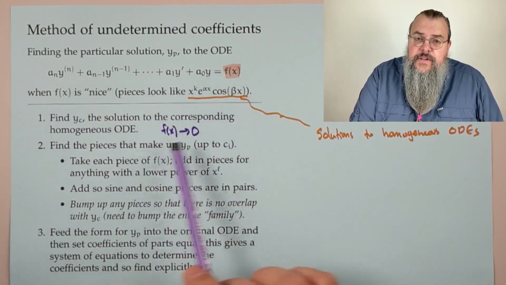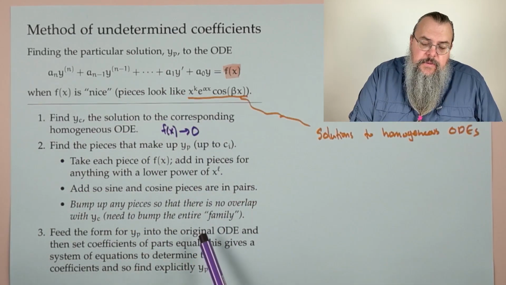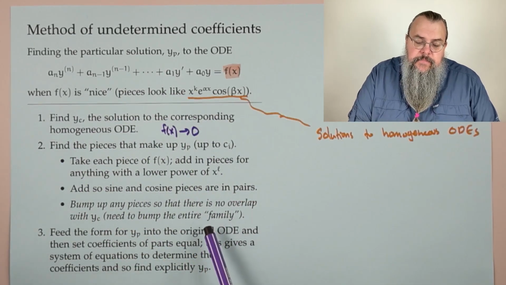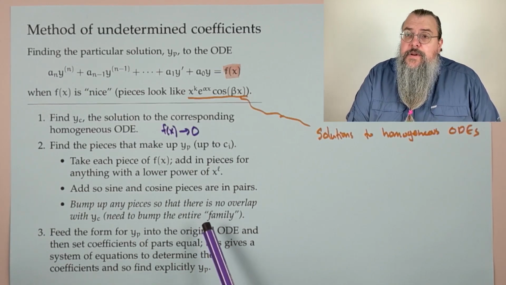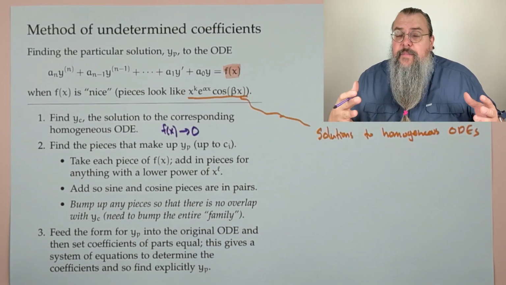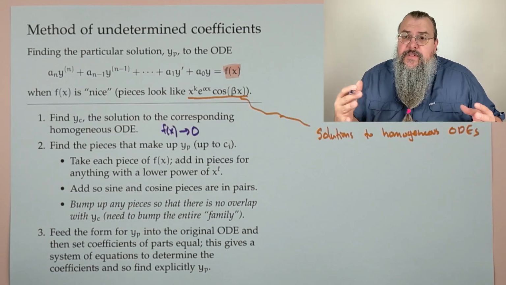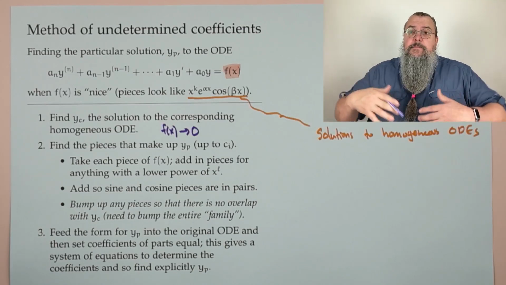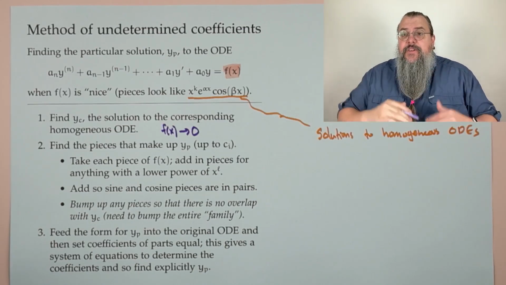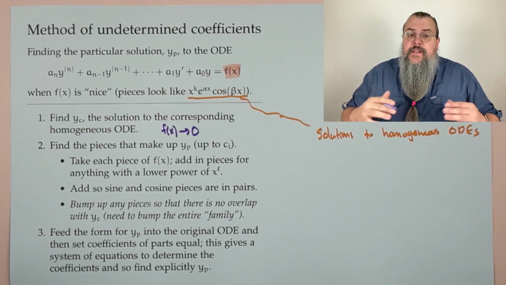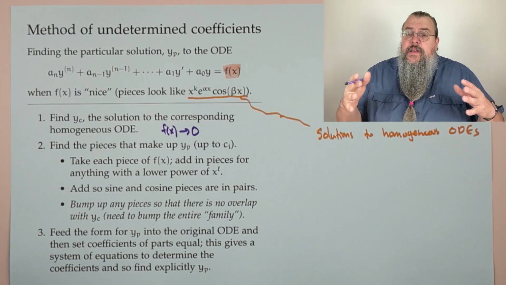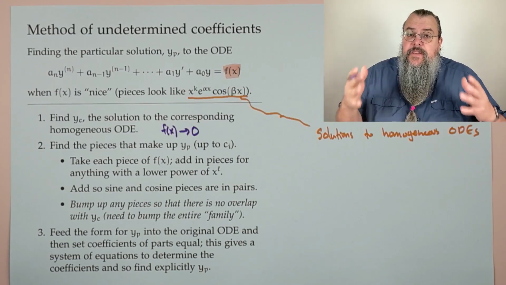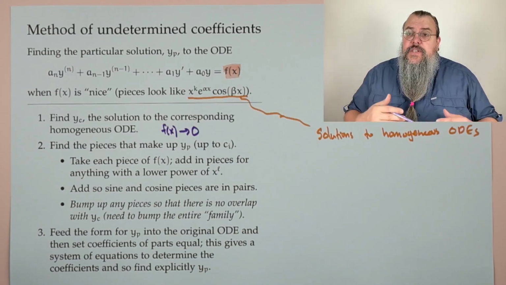In other words, step one. So we go to step one and ask, is there overlap with something that would go to 0 automatically? We want none of our pieces to go to 0. So if there's overlap, you keep bumping until there's no overlap, and then you're good. Now you have all your pieces.